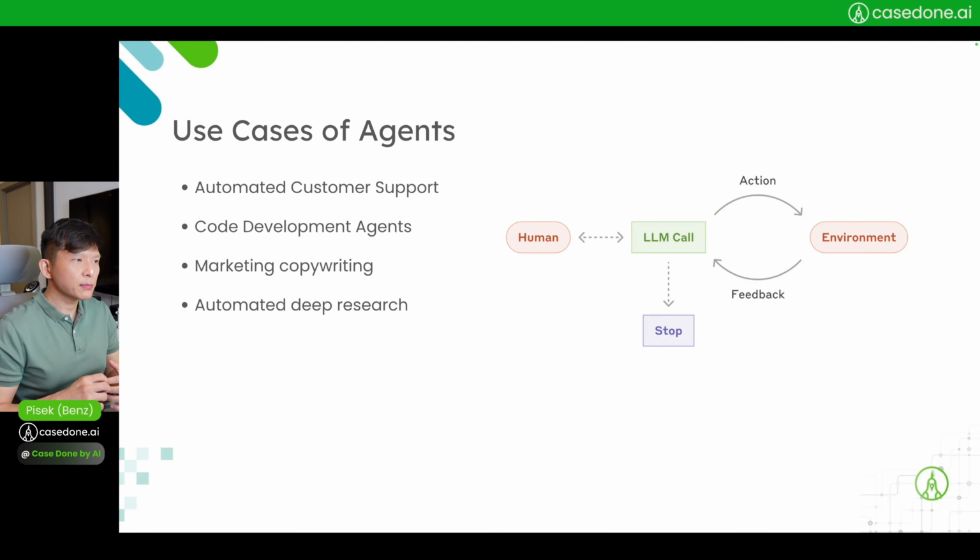Now, in terms of use cases of agents, I need to remind you that not all of your problems should be solved by AI agents. There are many reasons for it, but in terms of engineering, the simplest solution that works is the best, right?